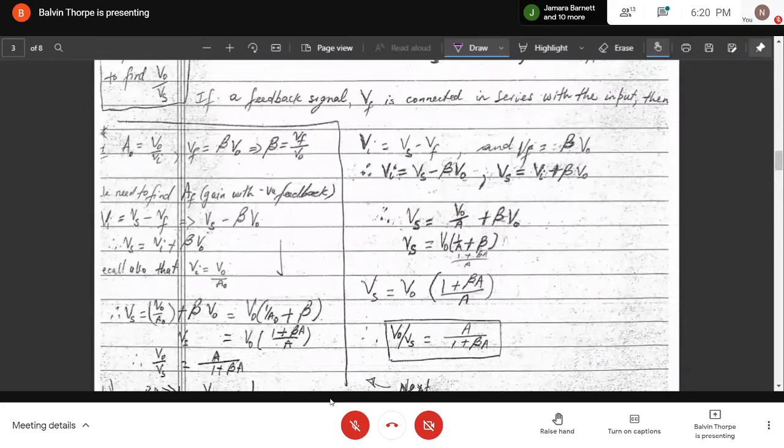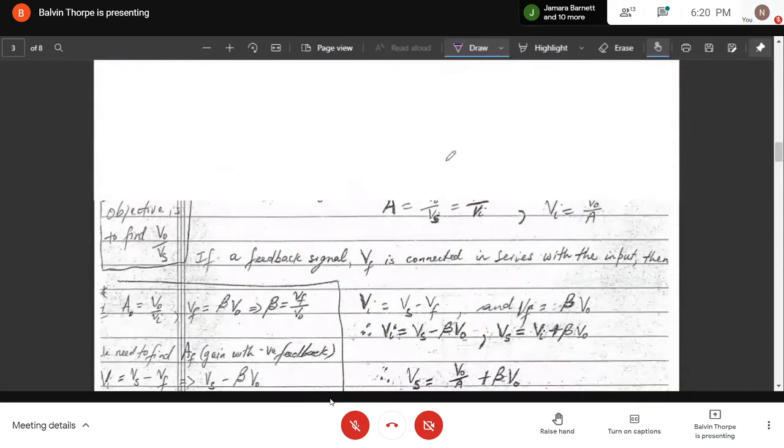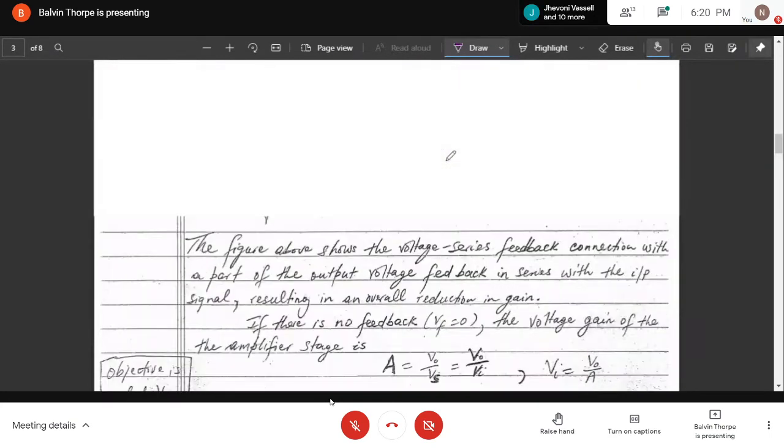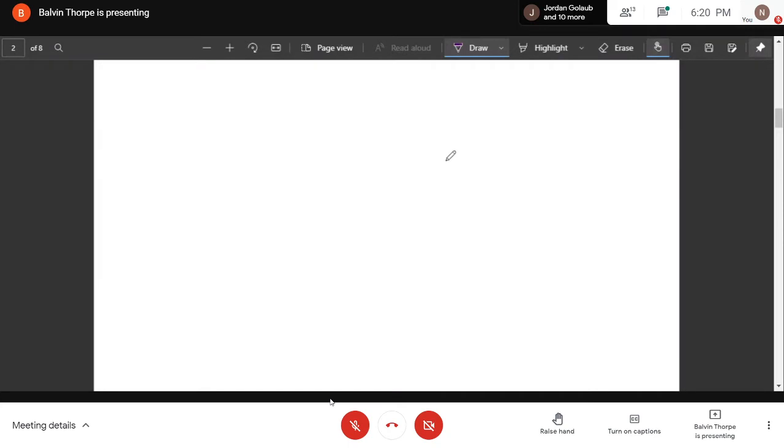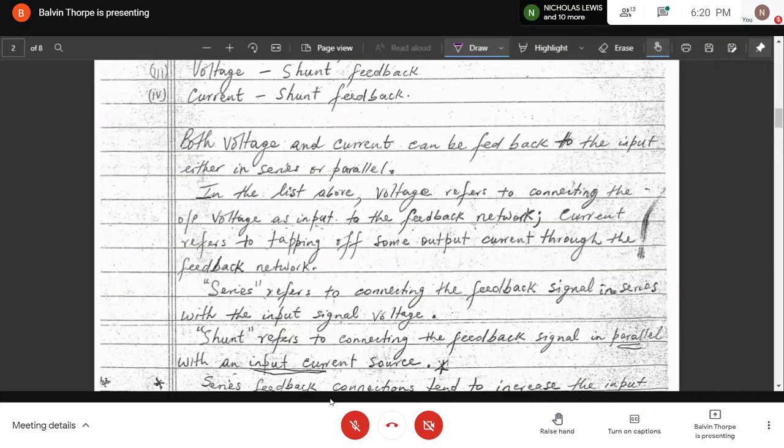And then, based on how we connect the output of the feedback network, we can connect the feedback network in series. It would be in series with a voltage source, so then it becomes current series feedback.